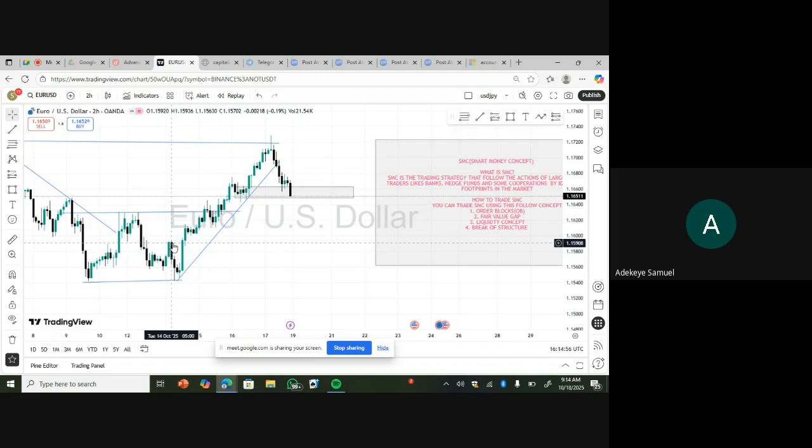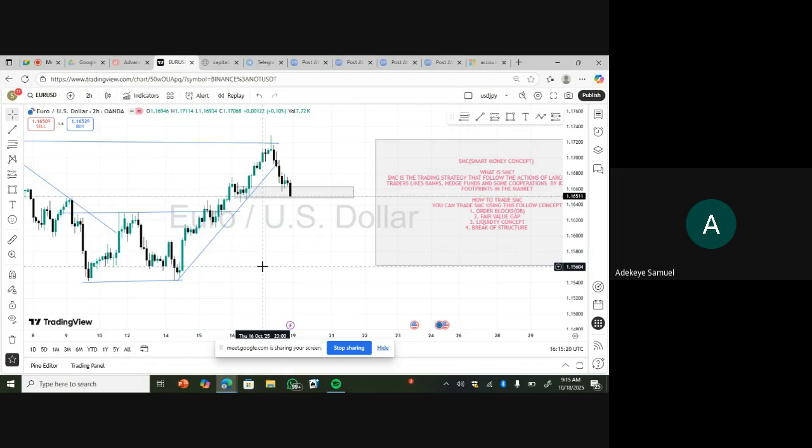And they are the ones that pump money into the financial market, because they have the large share of the financial market. So how can you identify the structure? How can you identify the footprint of these institutional traders?